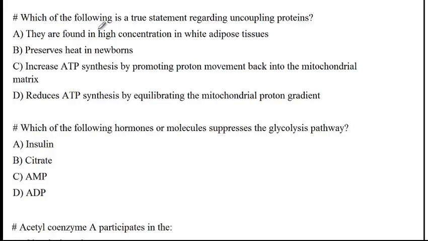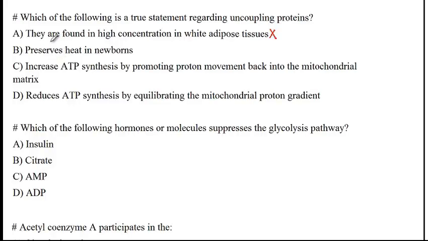So first one, which of the following is a true statement regarding the uncoupling protein? They are found in high concentration in white adipose tissue? No, it's the brown adipose tissue. So therefore, choice A is incorrect. Preserves heat in newborns? No, it generates heat.